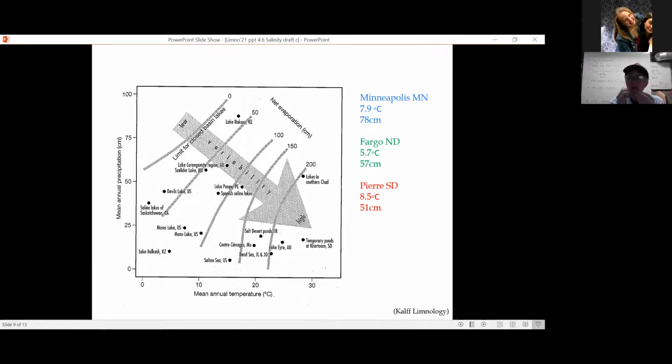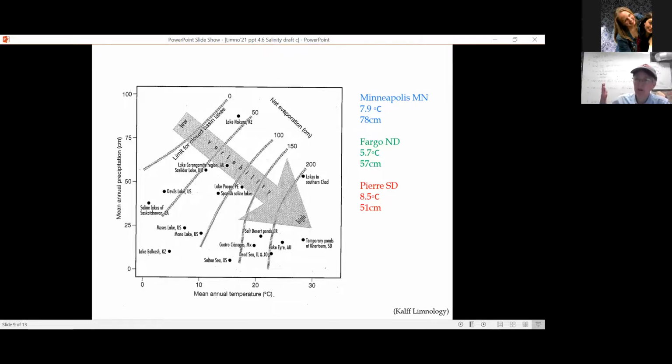All right, how can you predict, without ever going somewhere, if lakes are going to be salty, brackish, saline, or even brine? Well, it's really about the ratio between rainfall, precipitation in the meteorology sense, water falling from the sky, and water evaporating.